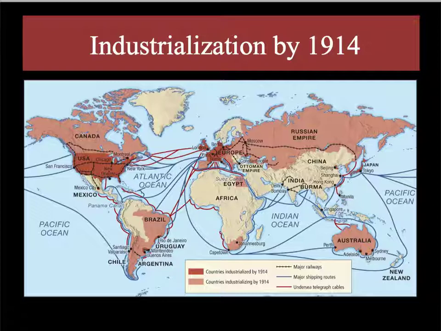In dark red you can see Western Europe and the United States were already industrialized by 1914. Also you can see the building of major railroads that crisscrossed Europe, a major railroad that crossed the whole Russian Empire, and railroads that connected the eastern parts of the United States with the West, and also Canada and Mexico.